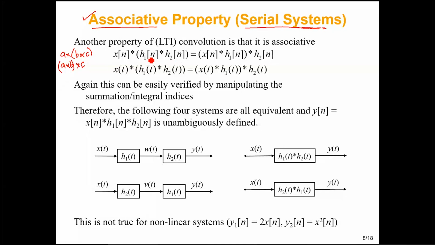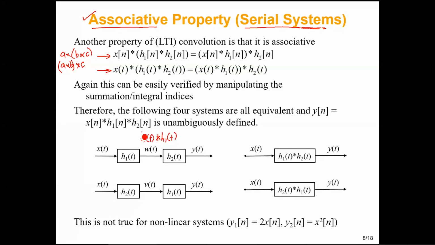Now this associative property actually helps us in simplifying serial systems. An example is right here. This is again valid for both discrete time and continuous time. So let's see an example right here. If we have, let's say, two systems in series, or cascaded together like this, and the final output is y of t, then the output after the first system would be x of t convolved with h1 of t.